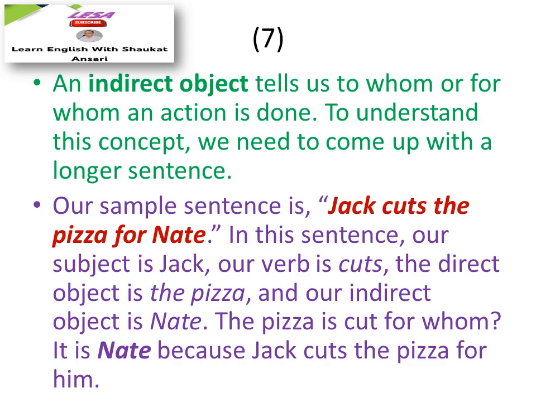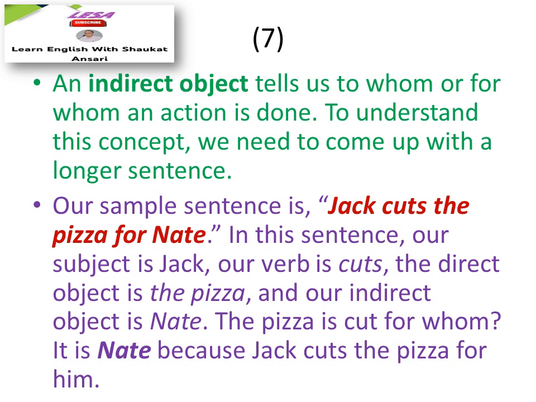Now next slide. Let's try to grasp what does indirect object mean, or what is the function of indirect object, or what is meant by indirect object. An indirect object tells us to whom or for whom an action is done.